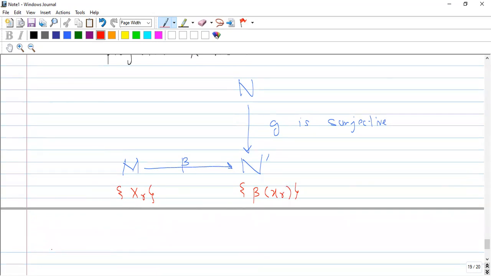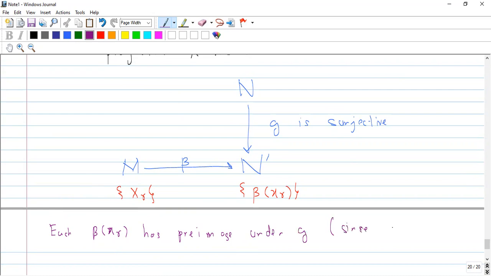Now again G is a surjective map. So if G is a surjective map, then the basis elements have a pre-image. So each beta of x gamma has a pre-image under G. Why?